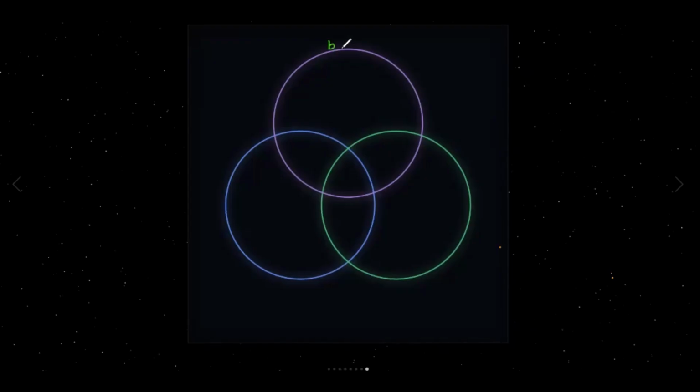Let's stay with our previous example. I'm going to switch from lime green. I don't like it. I'm going to switch to white. Let's say that this circle represents a set of brown things. This circle represents a set of dogs. And this circle represents the set of, let's think of something.